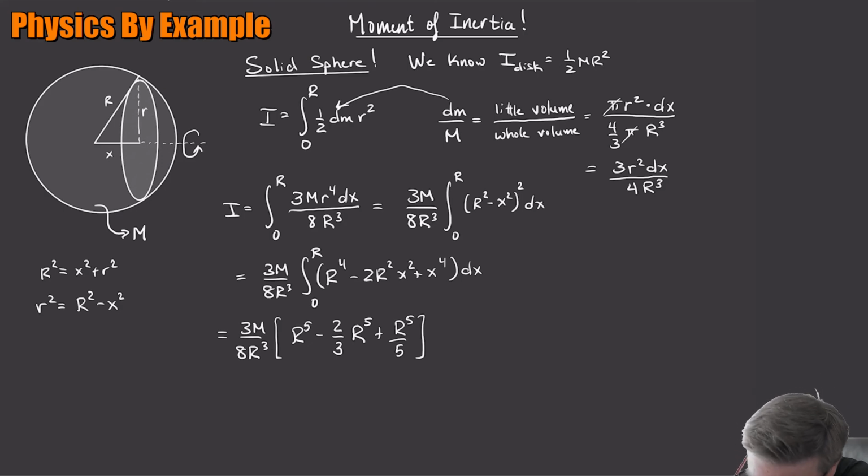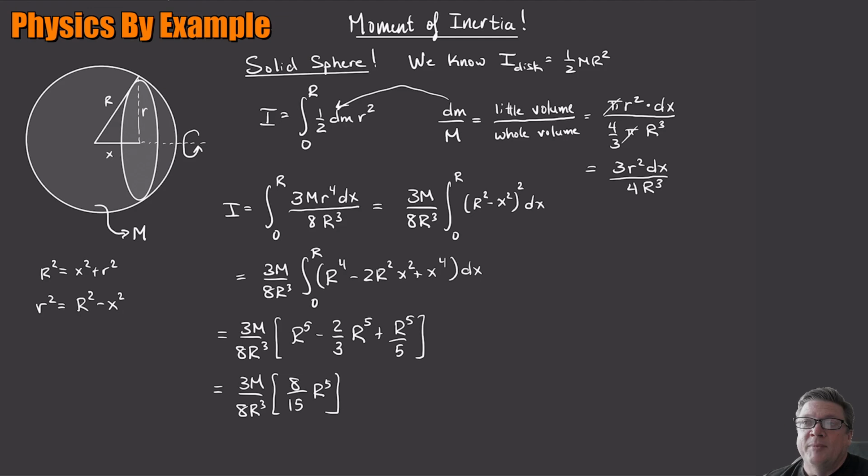So this is going to be equal to 3m over 8r cubed. And after all this, I should wind up with 8/15ths R to the 5th. I'm almost home. Look. The 8 goes away. And 3/15ths, what is that? That's 1/5. Oh, but remember, we only did half the sphere.